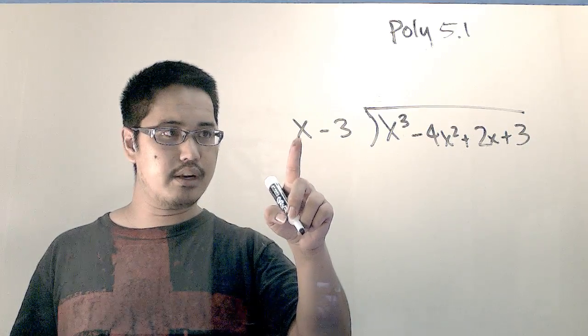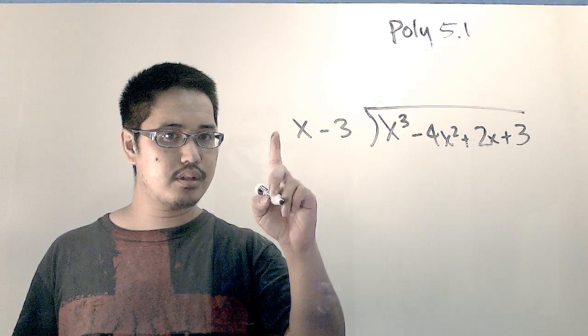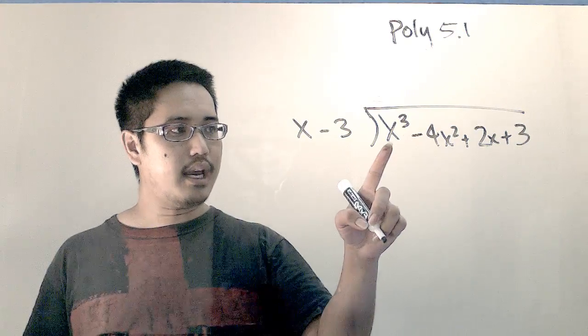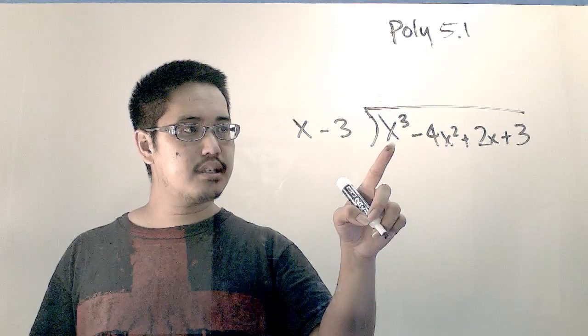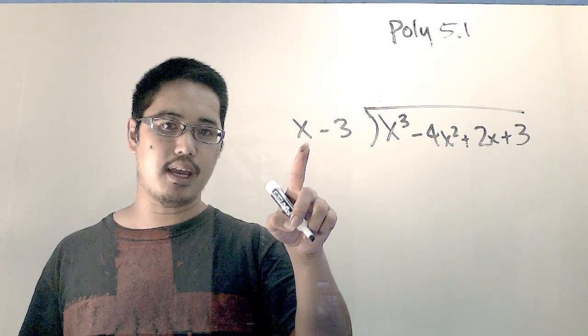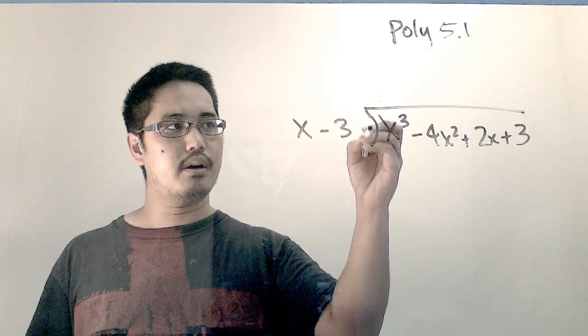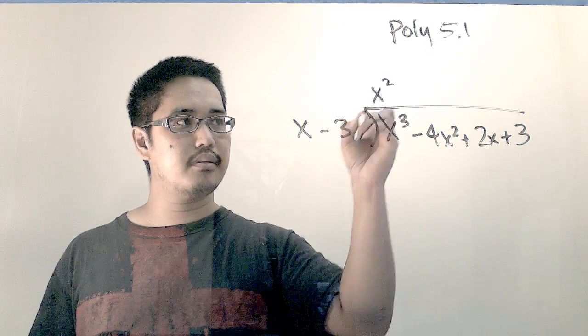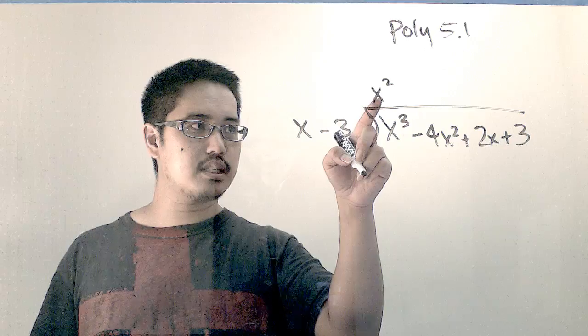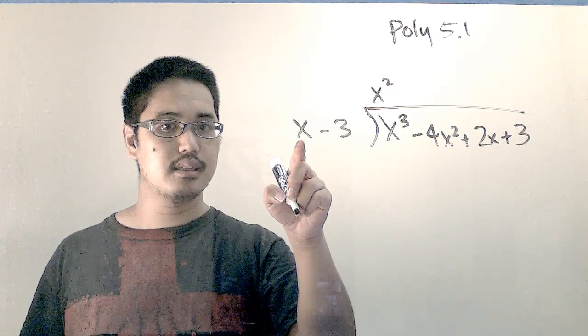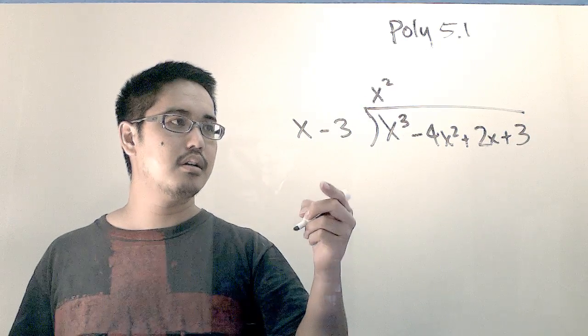We're only going to work with this variable. I'll show you what we mean. I ask myself, x cubed, what do I need to multiply x by in order to get x cubed? Well, I would need to multiply that by x squared. Because if I multiply x squared times x, I'll get x to the 3rd power.